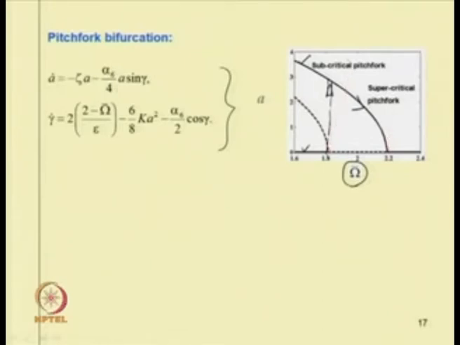So, in this way we have studied the pitchfork bifurcation, where we can have a jump up, or sometimes we may have this jump down phenomenon also, and we know about the subcritical and supercritical pitchfork bifurcation.